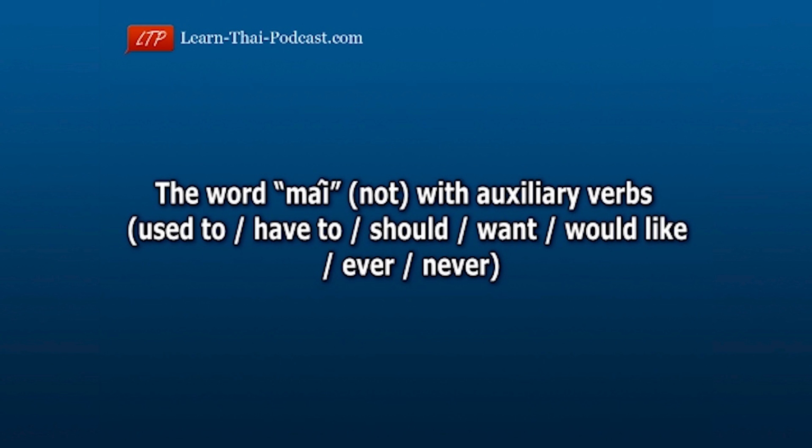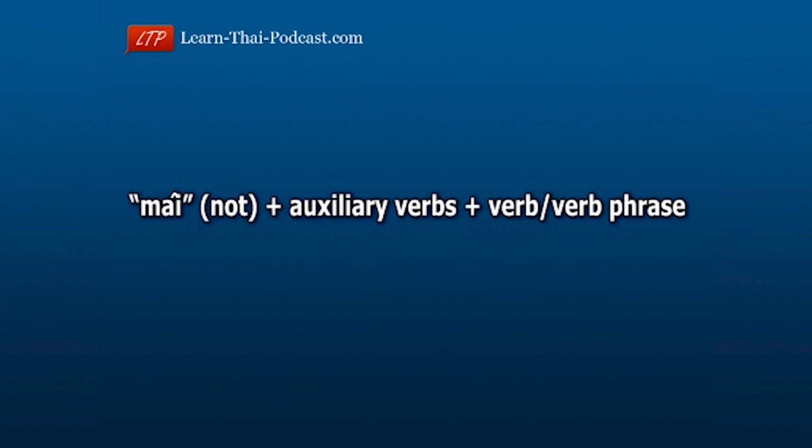The next thing we have a look at is ไม่ with auxiliary verbs, such as used to, have to, should, want, would like, ever, or never. The sentence structure is ไม่ plus the auxiliary verb plus the verb or verb phrase.